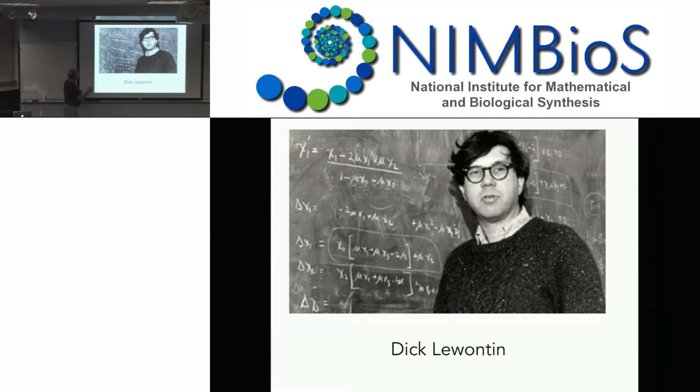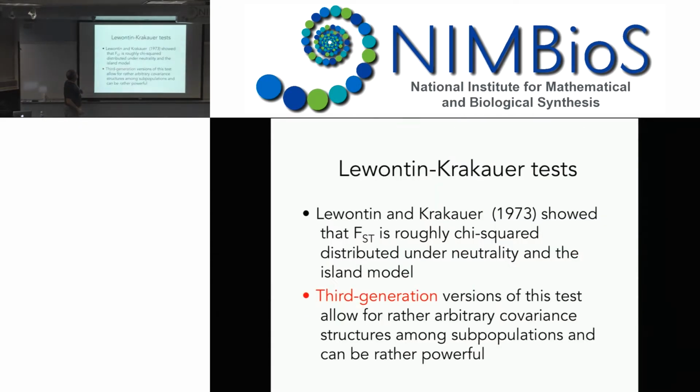These are his famous equations here for two-locus selection. The paper was Lewontin and Krakauer. What a great name, Krakauer. Sounds very volcanic, doesn't it? In 1973, they had a very famous paper showing that if you have an island model, meaning all the populations you sampled exchange genes equally with all other subpopulations, there's no correlation structure.